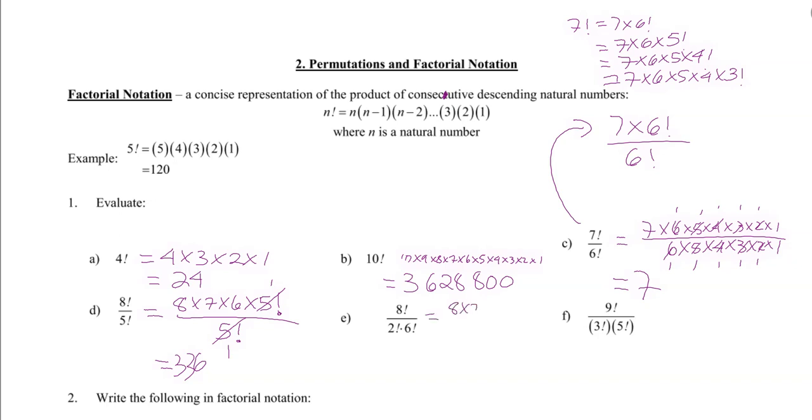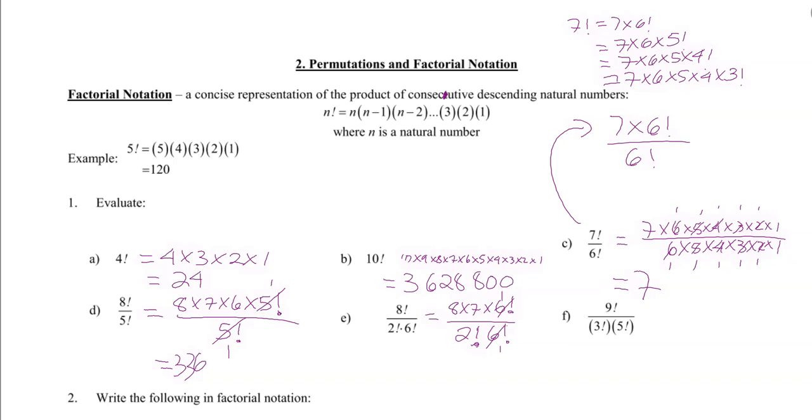So 8 times 7 times 6, should I keep going or stop? Stop there, right? Well, down here we've got 2 factorial, 6 factorial. So we stop when we get an expression that we already have.